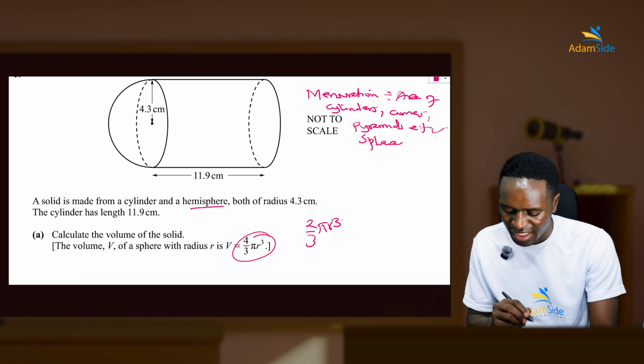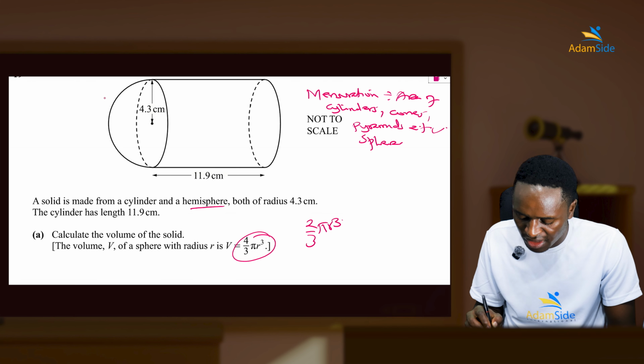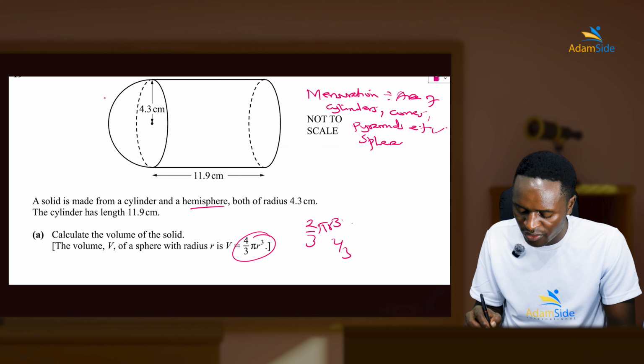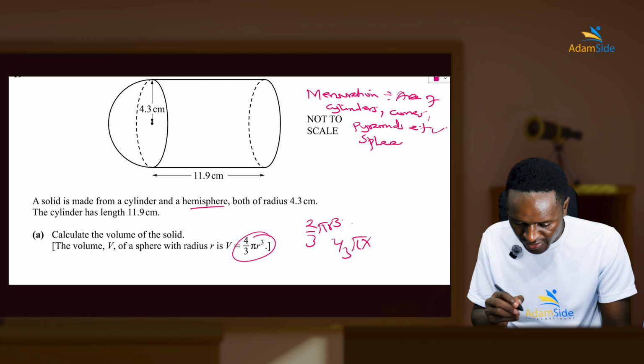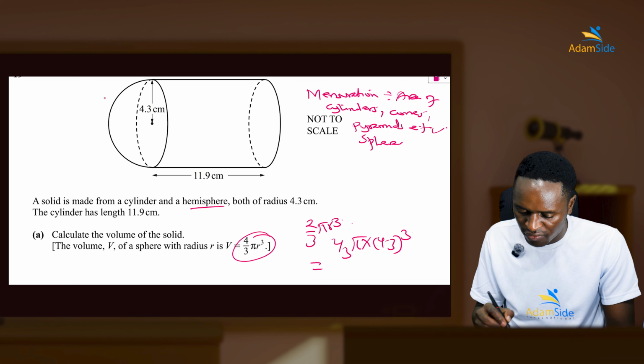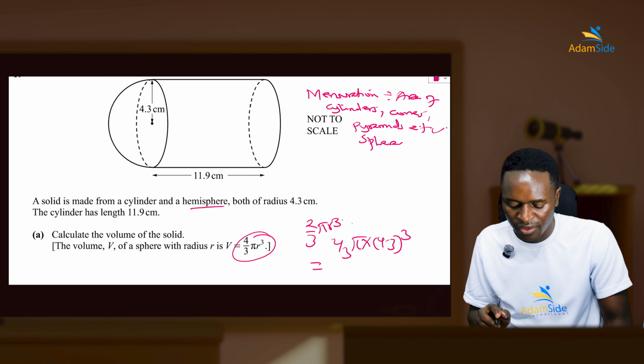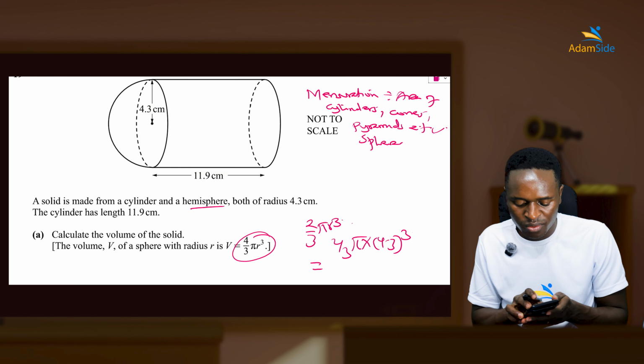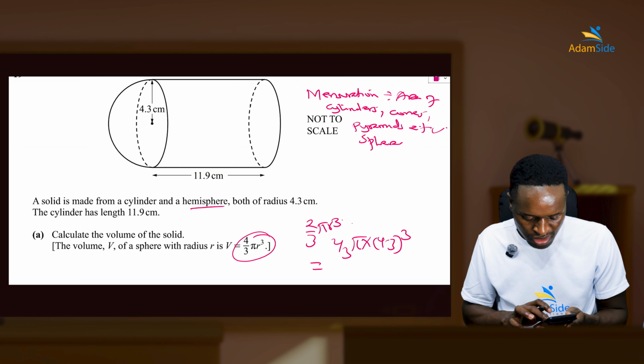If we need the volume of a hemisphere, we have to use this formula. So you just say 2 over 3 pi times r, which is 4.3 cubed. You get the volume of the hemisphere on top. Then what will the answer be? Just say 2 divided by 3.